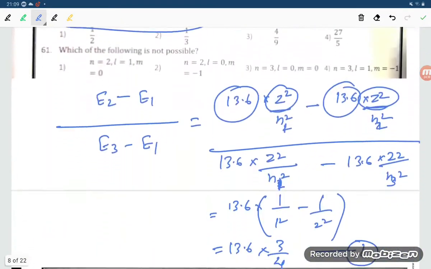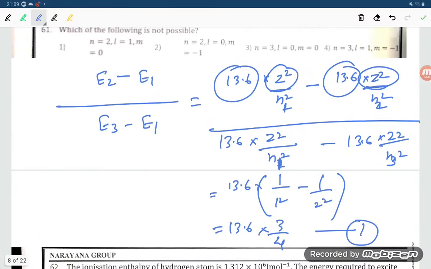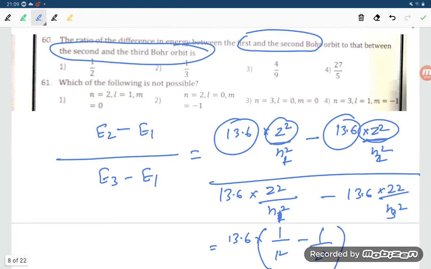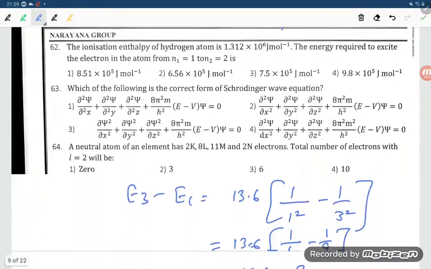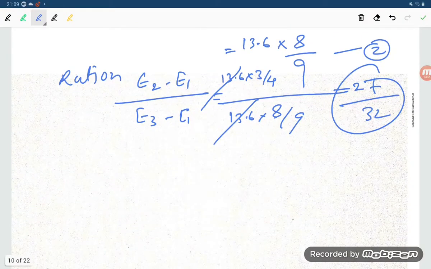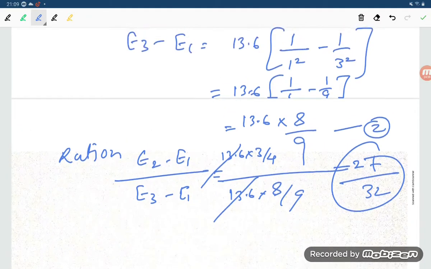If you see the question number, I forgot the question number. The answer was 27 upon 5. Okay, 27 upon 5. How is 5 coming, student? 5 upon 36.